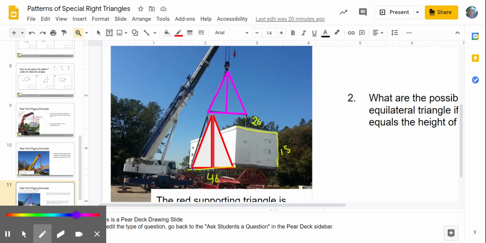What's the length of the base, like from here to here? Does that look like it's 40 or a little bit less than 40 or a little bit more than 40?